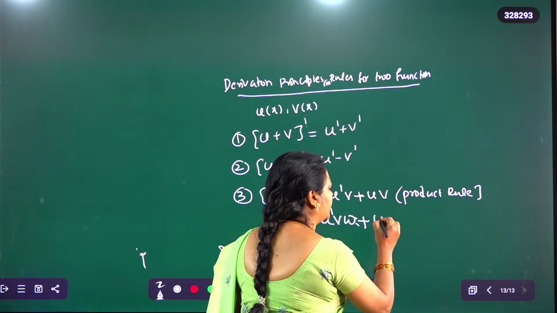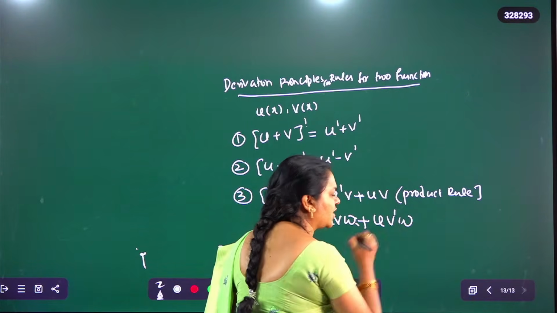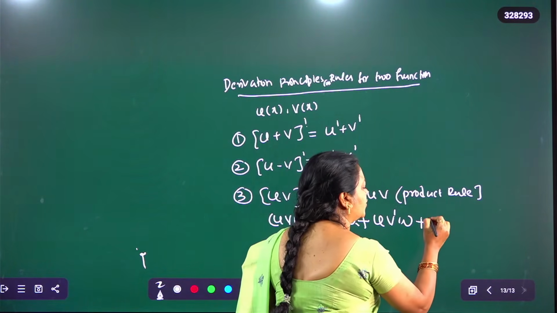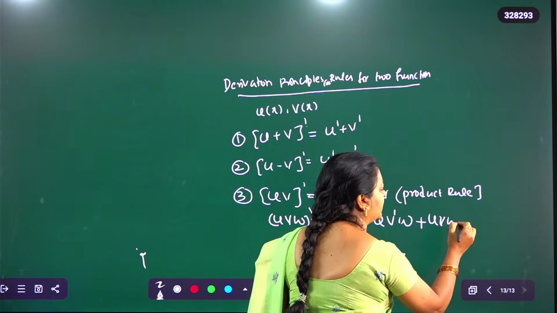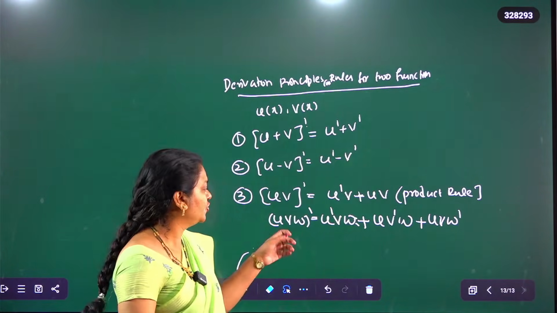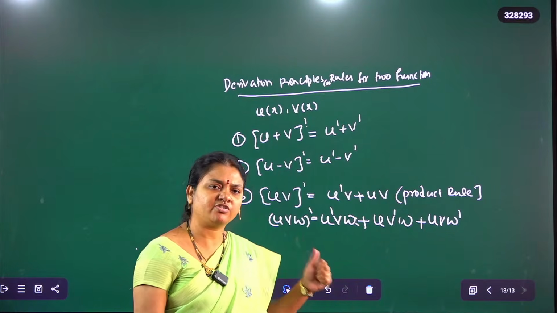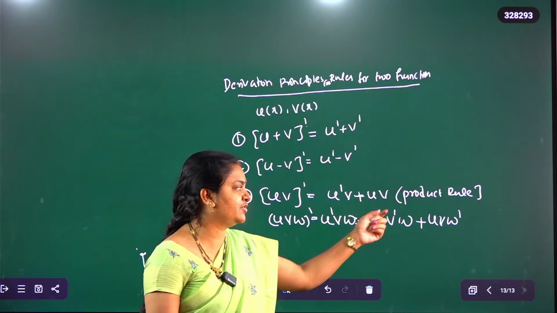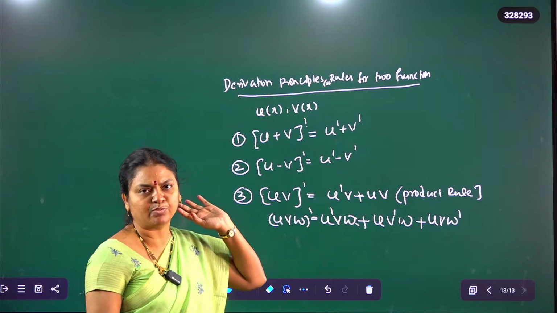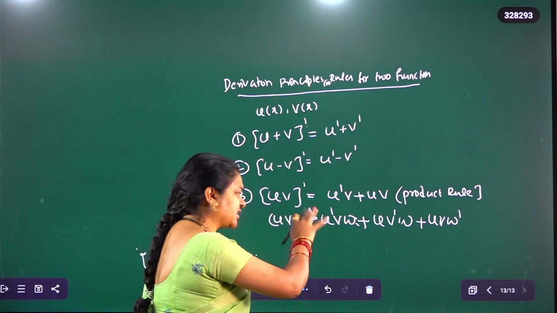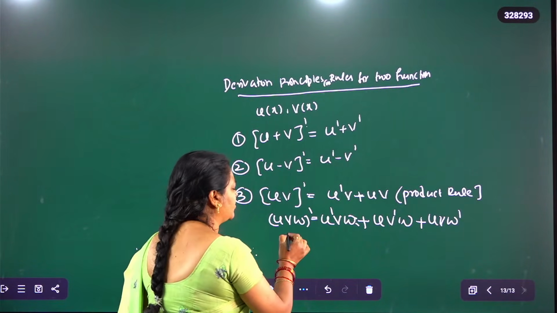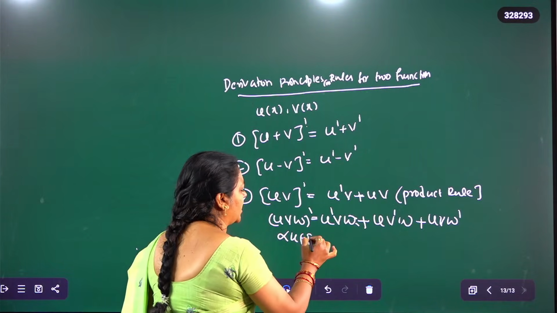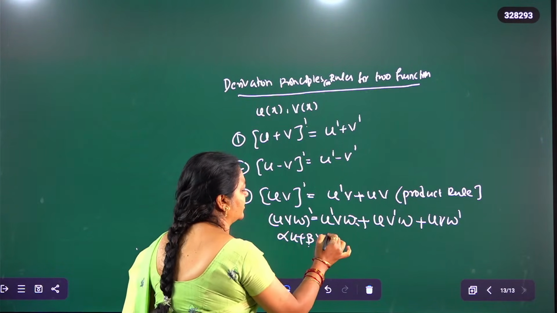If I am doing the v derivative, then u and w are constants. If I do w, then u and v are constants, like that. However many functions there are, we can use this product rule while doing the problems. Now, for this corollary, one more formula is coming up: alpha u plus beta v, let's say, whole dash.